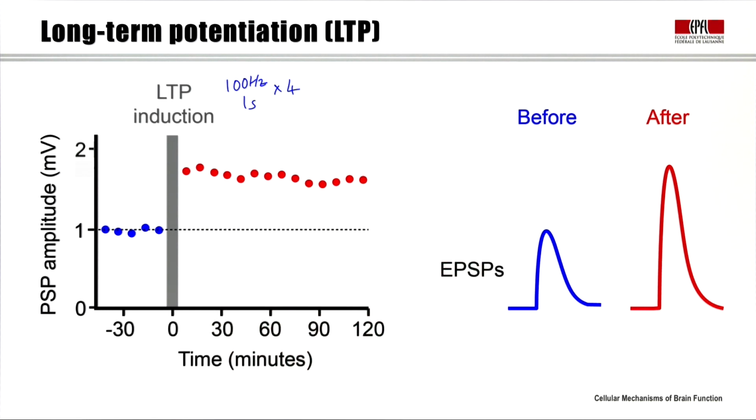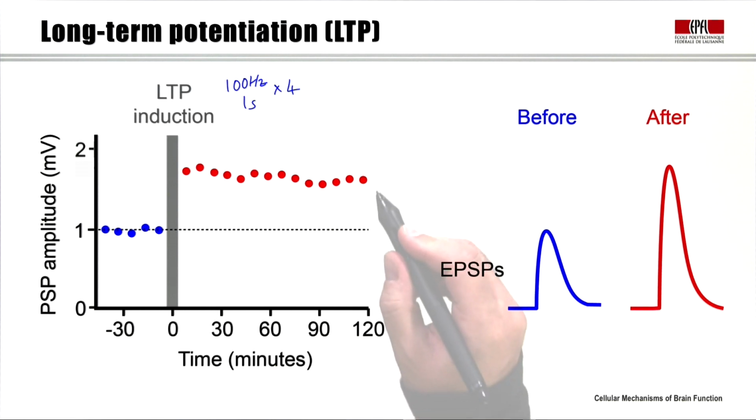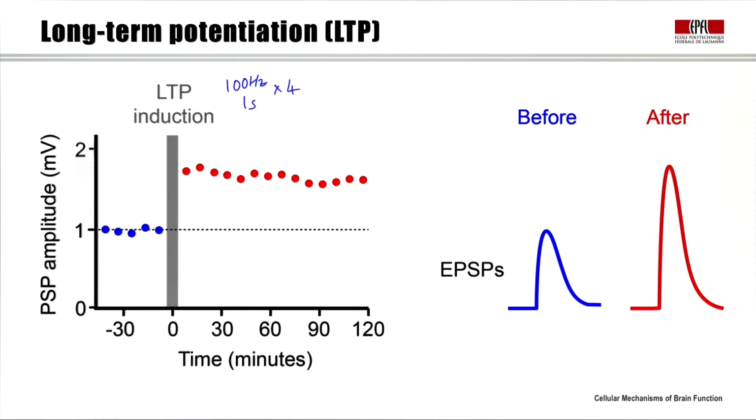It can last basically for as long as you're able to record. In this case, we've plotted out 2 hours of recordings, but if you're able to record for much longer periods of time, these changes in synaptic efficacy can last for many days when recorded in vivo.